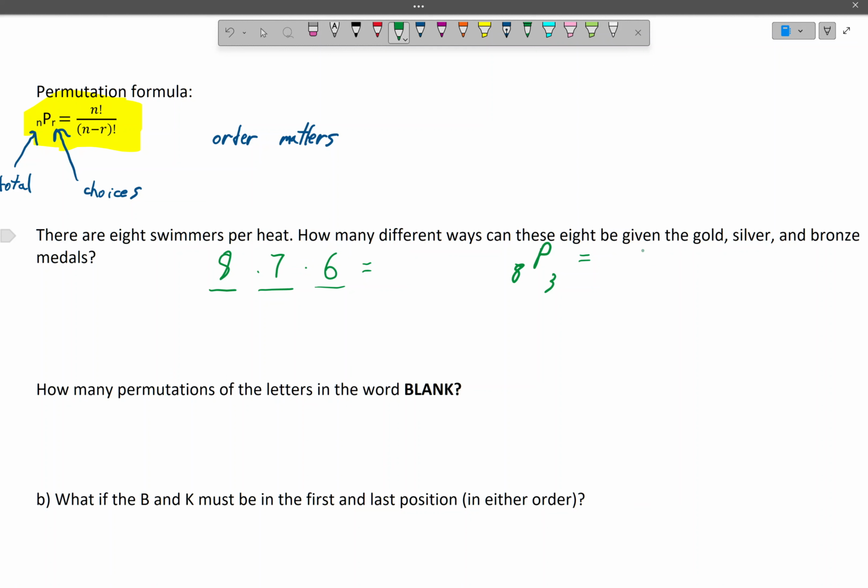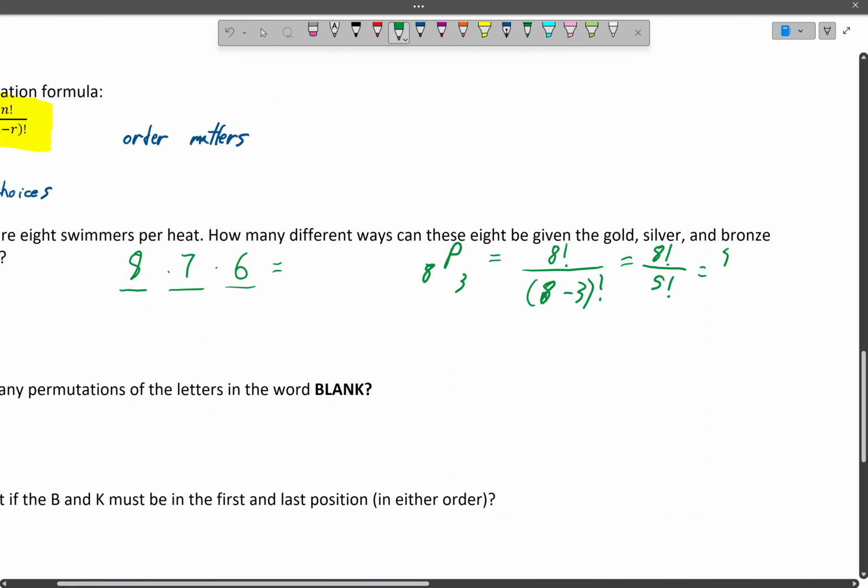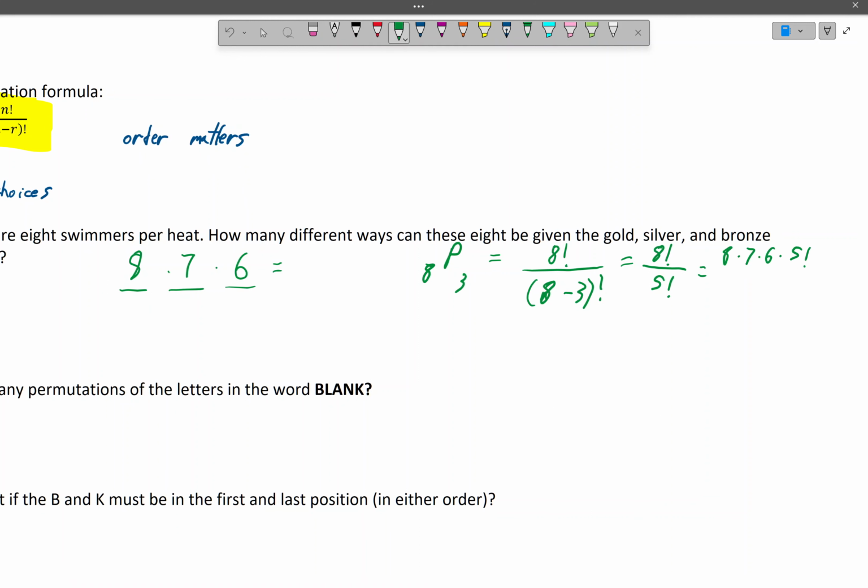Now, if we use the formula, it's 8 factorial over 8 minus 3 factorial. Well, what does that actually mean? It's 8 factorial over 5 factorial. Well, what does that actually mean? Well, it's 8 times 7 times 6 times 5 factorial over 5 factorial.